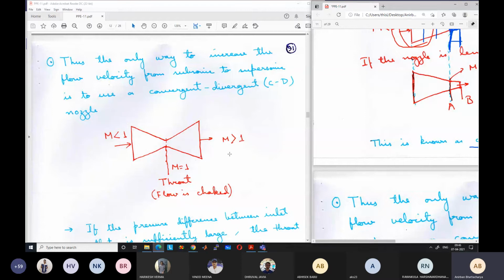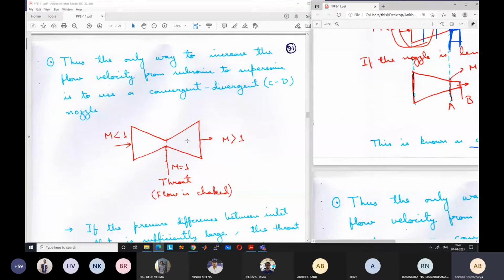If you have carefully observed the space shuttles, now the program is closed, but when it used to fly, the main engines, the booster engines, had large sections outside which look like divergent sections, like a diffuser, and then some fiery jet comes out from there.